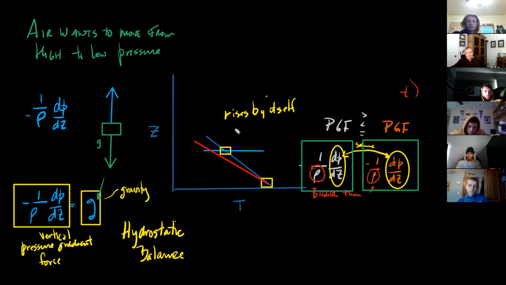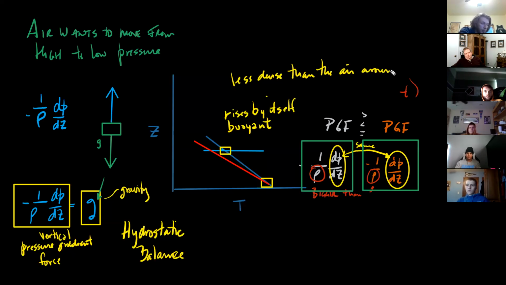When it rises by itself, we say it is buoyant. That's what it is. It's because it's less dense than the air around it.